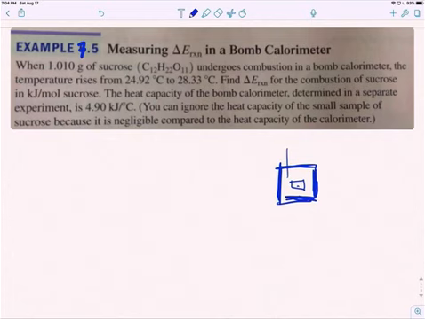Okay, so remember I had Q is m C_s delta T, and I also had Q is C delta T. We're using this equation. So that's the equation we're going to do. And so actually, before I start this, I should talk about heat flow. In my mind, heat flow: the sucrose is burning and the temperature of the bomb calorimeter goes up.